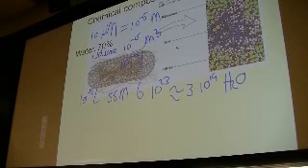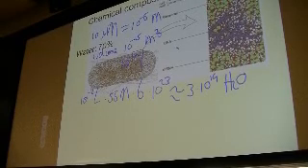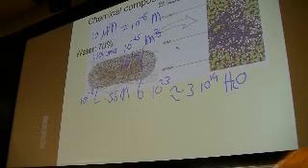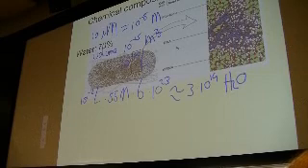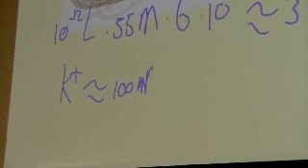Now, also in cells we have things like organic molecules and inorganic ions. The main ion is potassium, present at roughly 100 millimolar.